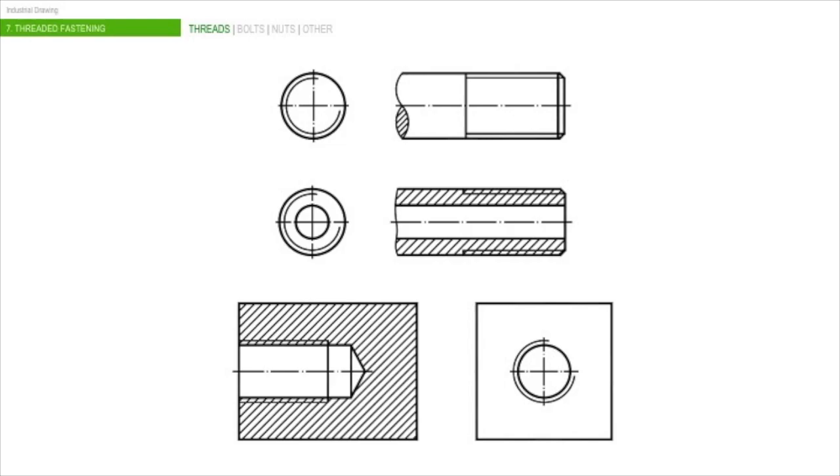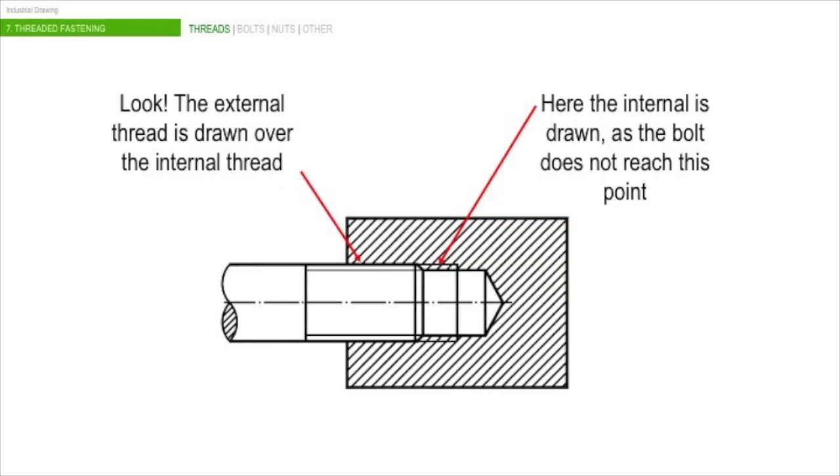You also can see in the representation of the hole how there are some lines that represent the end of the thread, the thicker one, and the end of the drilled hole. When you combine an external and internal thread, as you can see in the image, you have to pay attention because the external thread is drawn over the internal thread, always.